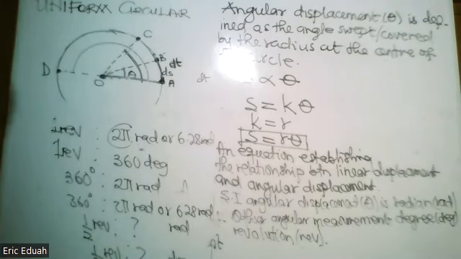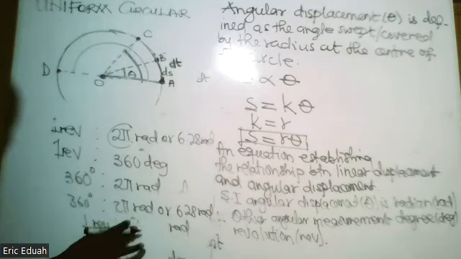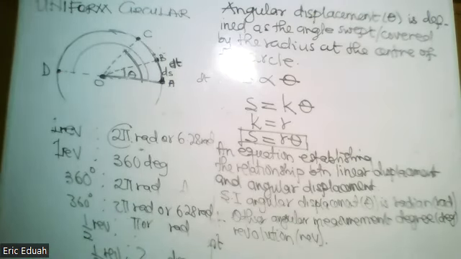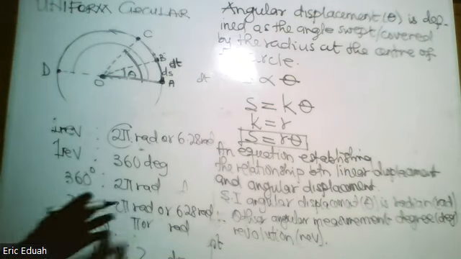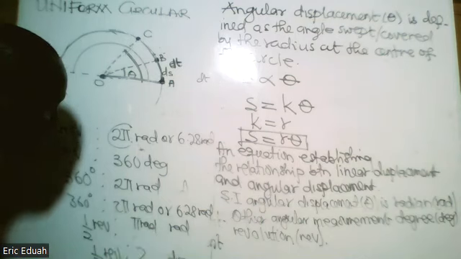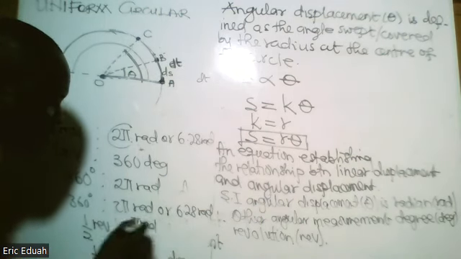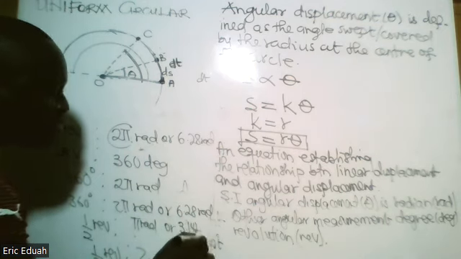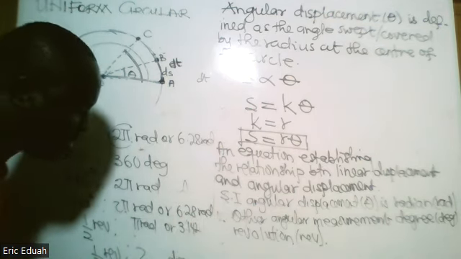Pi radian. So this will be equal to pi radian, or 3.142 radian.